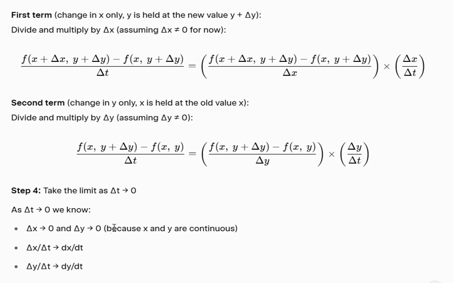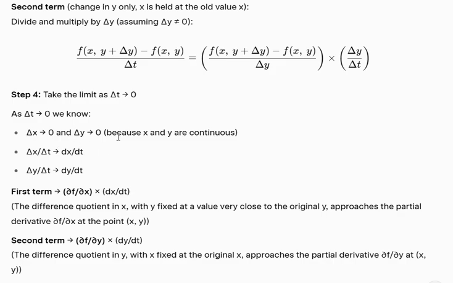As I told you, if the function is continuous and you decrease the change in the input, the change in the output also decreases. That reason only, if they are continuous, you can say like this.